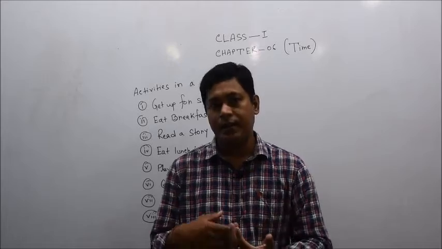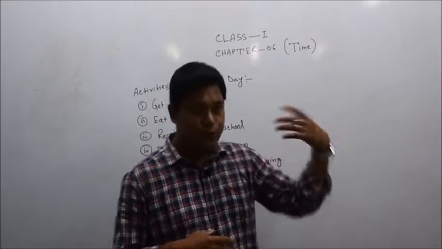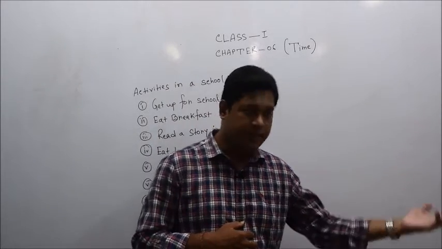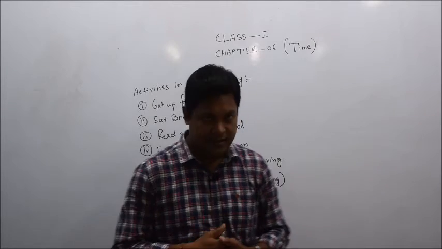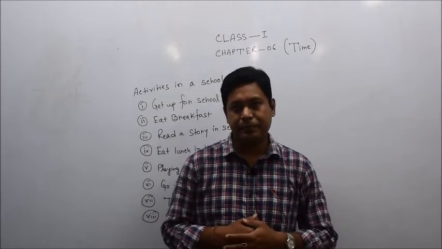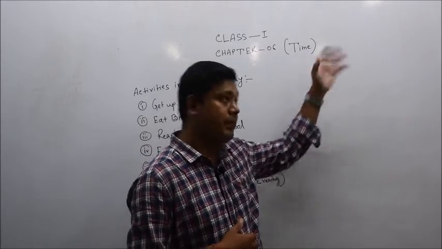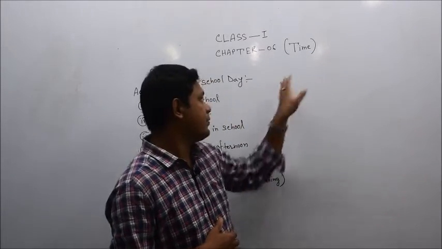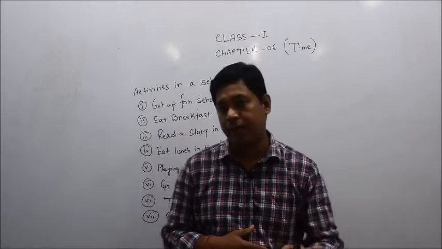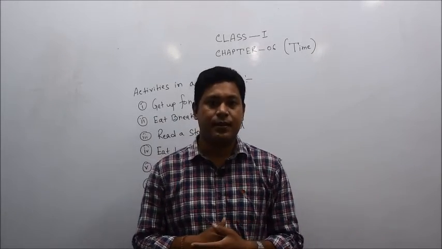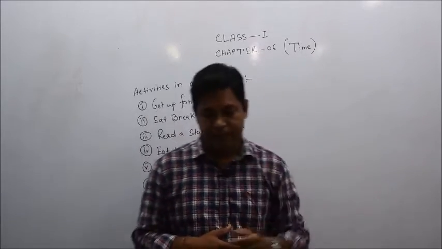So we generally use time to compare the previous class to this class, or to quantify the things. That means what this chapter includes, so that we can complete it in a time of 30 minutes. So that is called time.